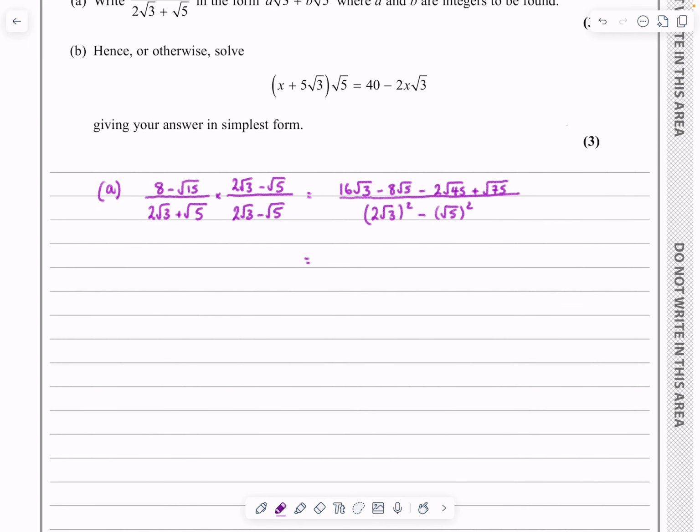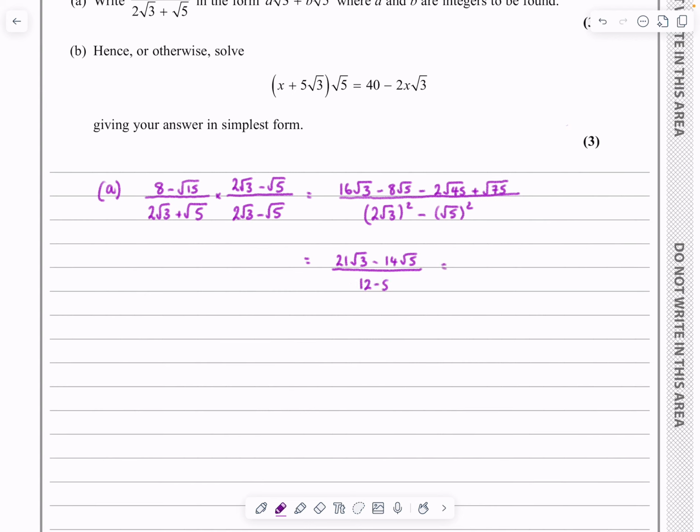So if I work out what that's going to be, on the top, I've got 16 root 3. Let's just tidy it up. If I put them all together, I'm going to get 21 root 3, and I'm going to get 14 root 5. That's sorting out all 4 of those. And then on the bottom, for the denominator, I'm simply going to get 12 minus 5 here.